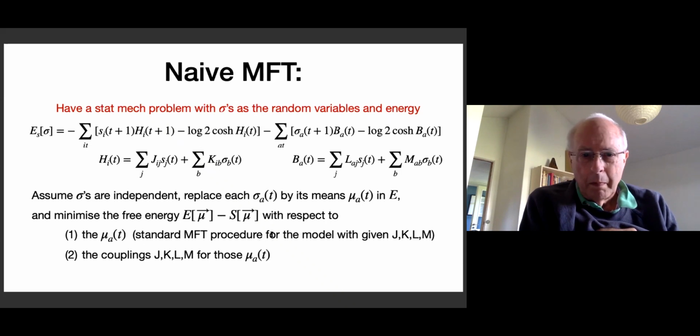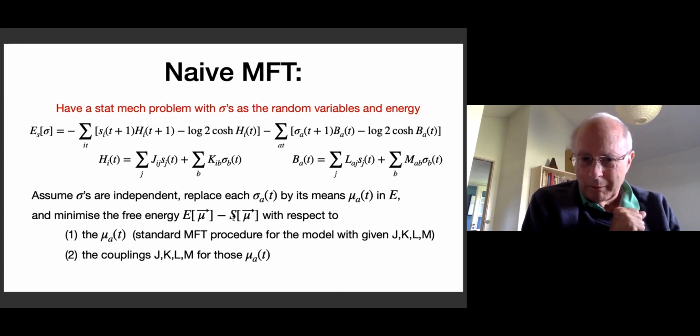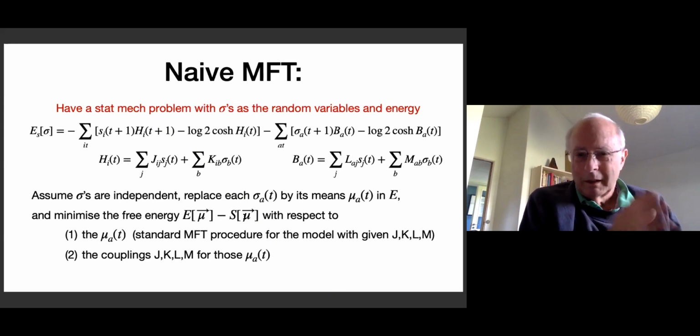And we've got to do two kinds of problems here. One is we've got to do the mean field problem for this energy, right? So that means minimizing this with respect to mu, or the same equations, df d mu equals 0, for a given j.